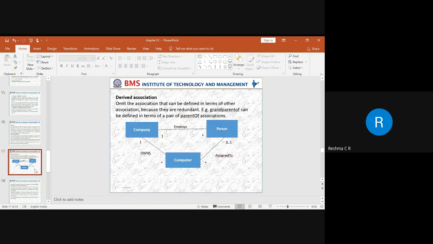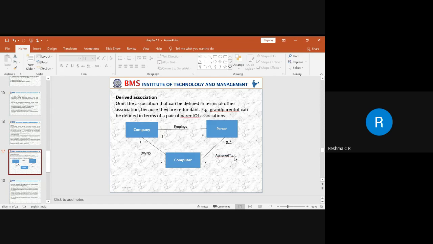Earlier I had taken only an example of a company and a person. The company employs a person. So one company employs n number of persons, where the person becomes an employee and the company becomes an employer.